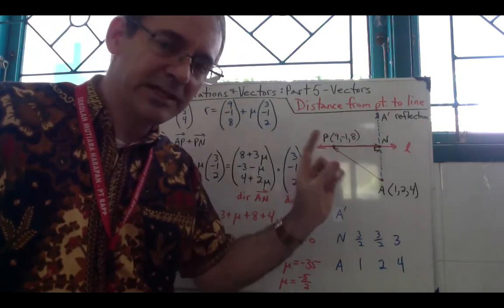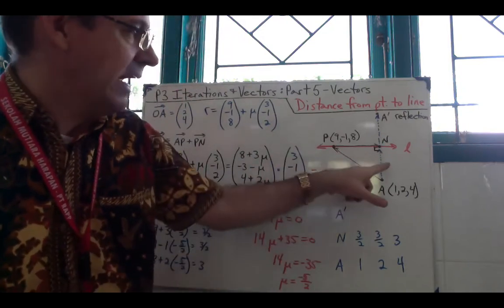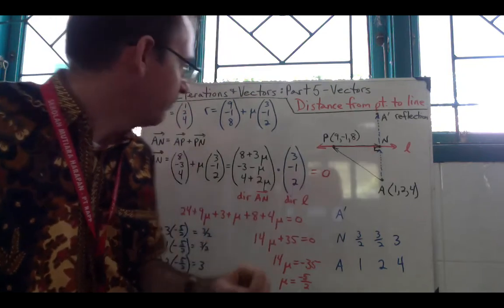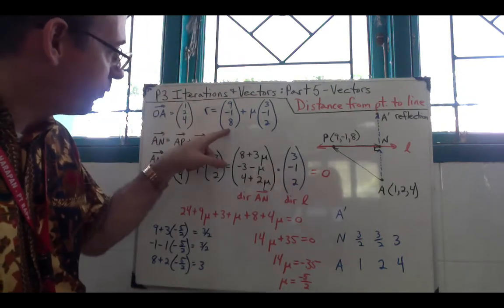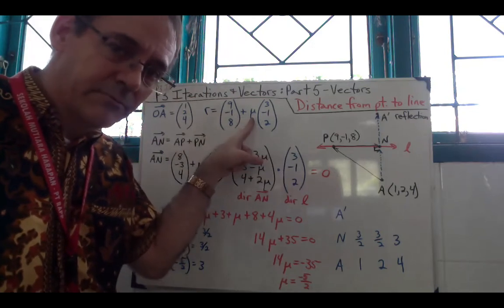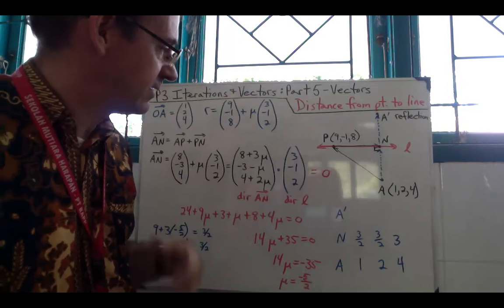One of the things we need to find is the position vector of N. Notice it's not asking for this distance. It's only asking for the position vector. So if we start from this point here, and we know the multiplier here, we can calculate where that point is.